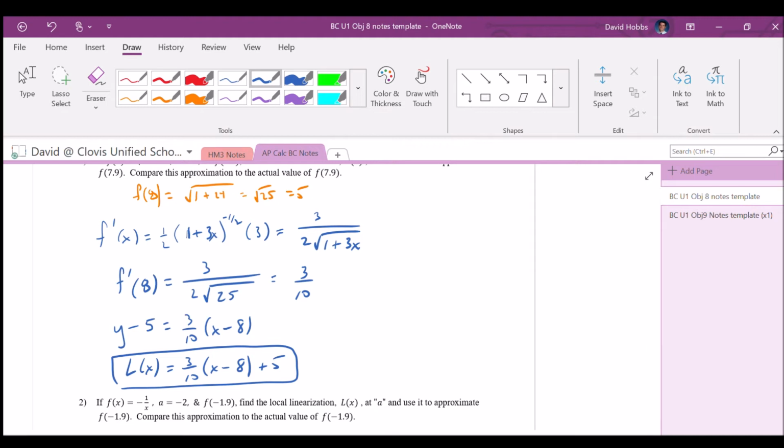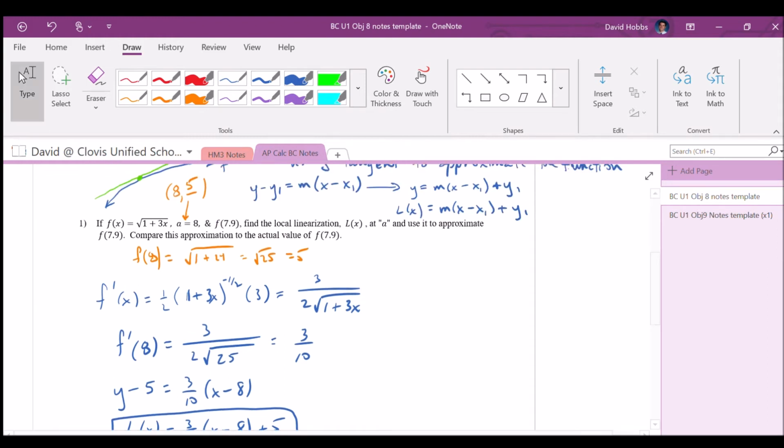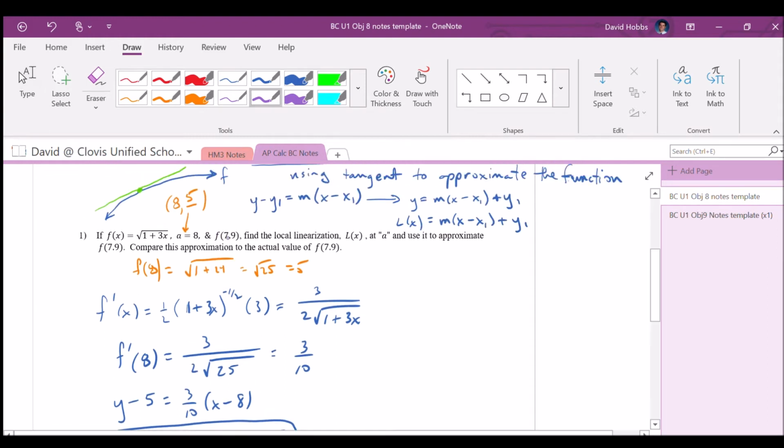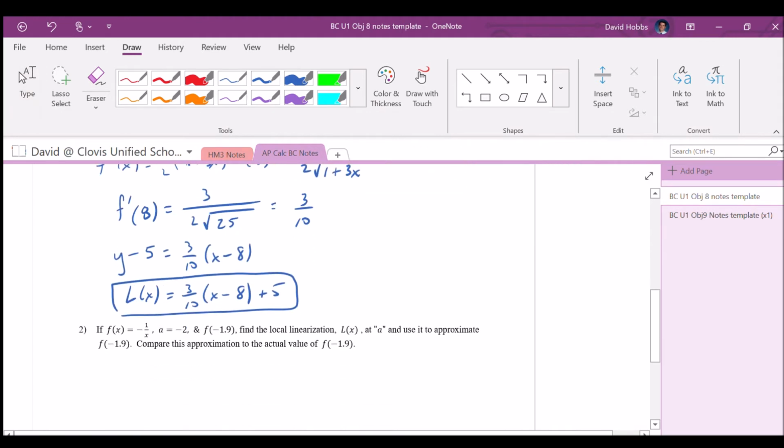Now, do not distribute the 3/10. Leave it in this form because when we do our approximations, it's a lot nicer in this form. So let me show you why. So we are trying to approximate f of 7.9.